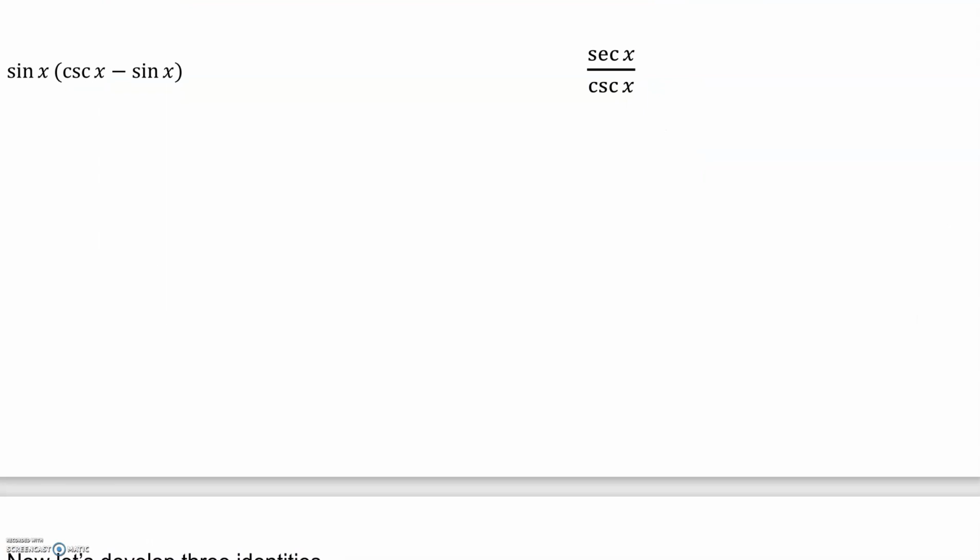The one on the top left, I mean, there's a lot of ways to go about doing this one. One way is just to immediately rewrite in terms of sines and cosines. I think that might work. Again, there's a lot of ways to approach these questions. Now, cosecant is 1 over the sine.